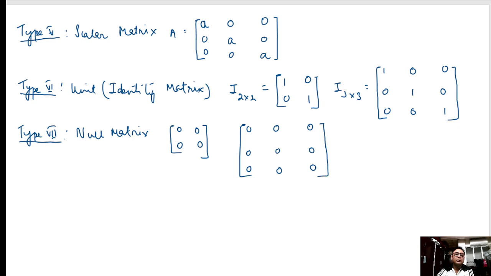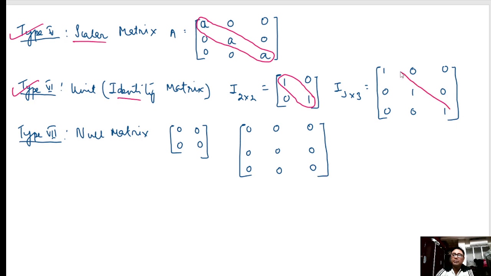Now we are dealing with another type, that is the scalar matrix. If a matrix has the same number in the diagonal, that is called a scalar matrix. It can be any number. Next is the identity matrix.